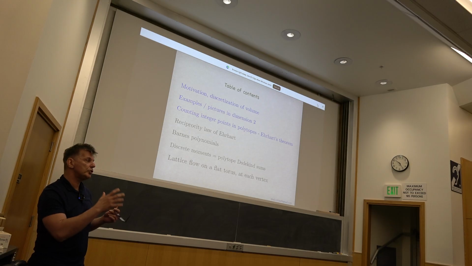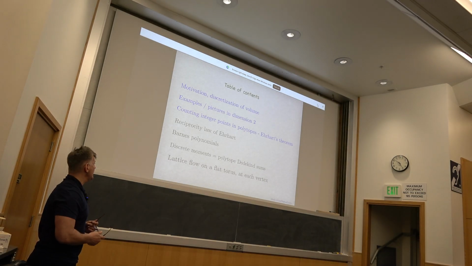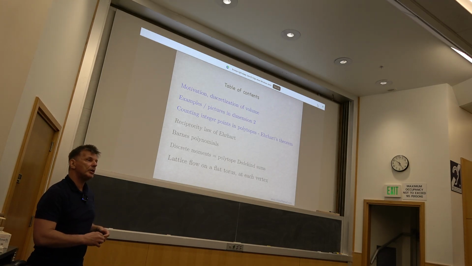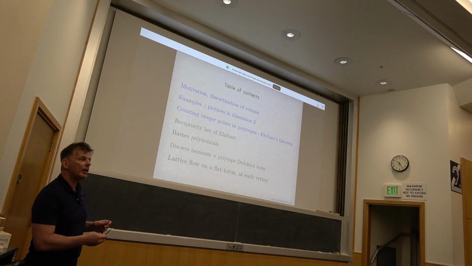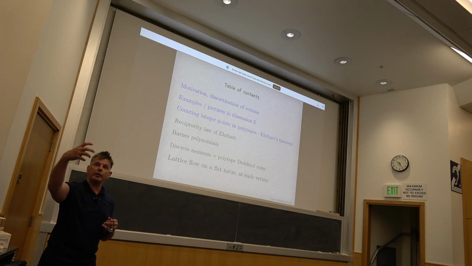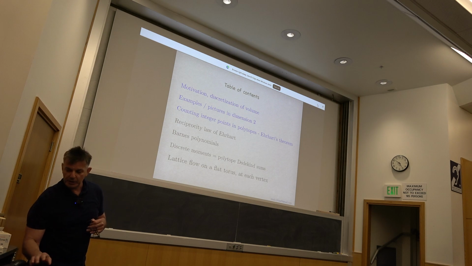Discrete moments of integer parallelepipeds, which sounds simple. And then the lattice flows on the flat torus, which is a very classical and very simple dynamical system. It's probably the simplest of all dynamical systems, and it comes sort of unexpectedly at the vertex of each polytope. So I'll show you how that comes up.